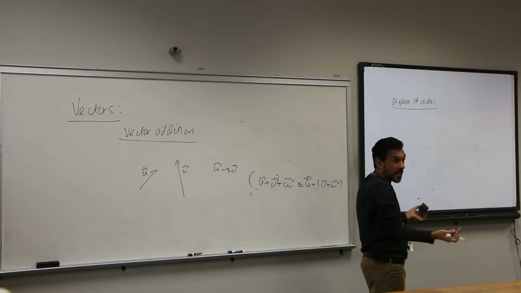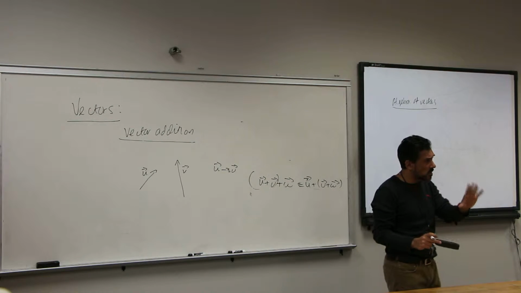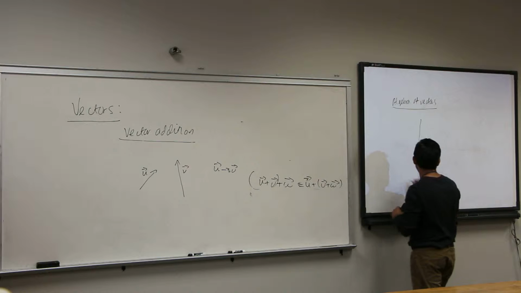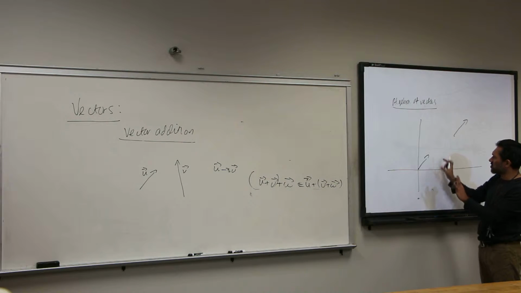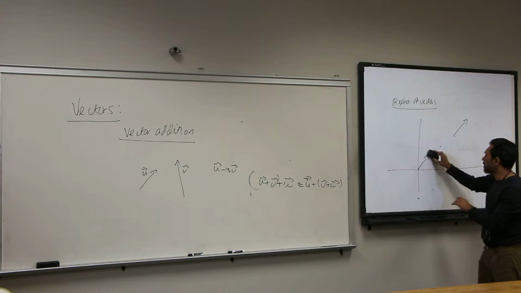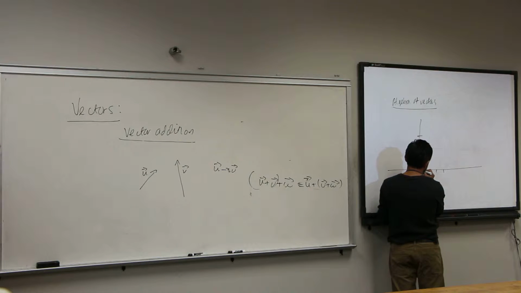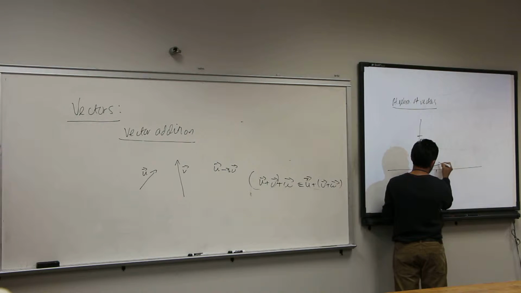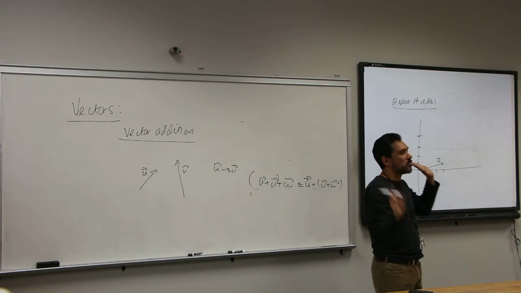So let's just keep it in two dimensions. And I could draw the vector here, or I could draw it here. Which one is easier to visualize? This one. So here's a vector, which the physicist is entirely happy with.